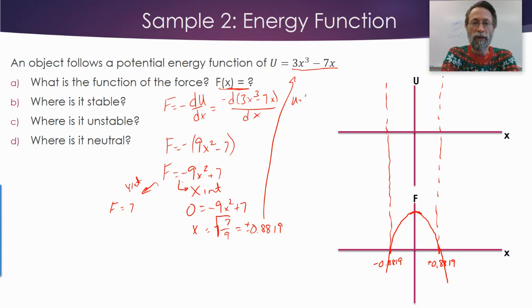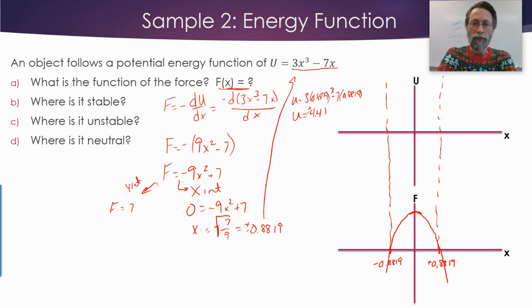So I'm going to put in the positive 0.8819 cubed minus 7 times 0.8819. And then I'm going to do the same thing for the negative value. That's going to give me a 4.41 plus and minus value.